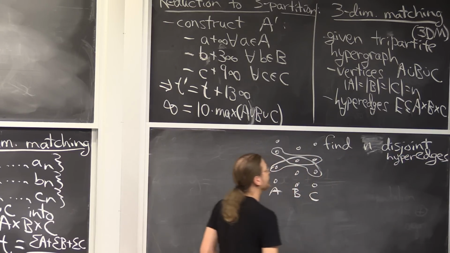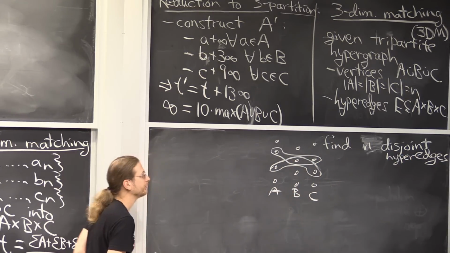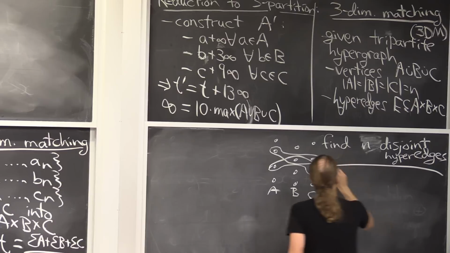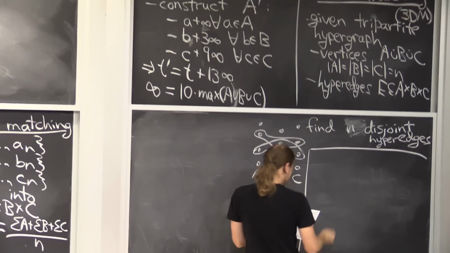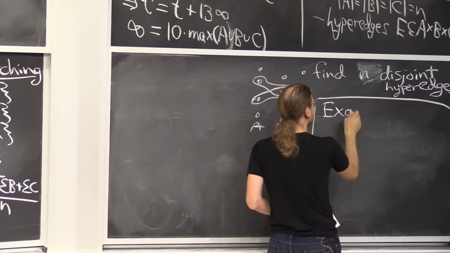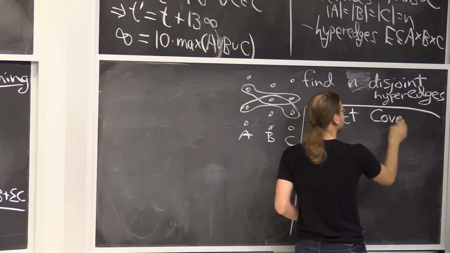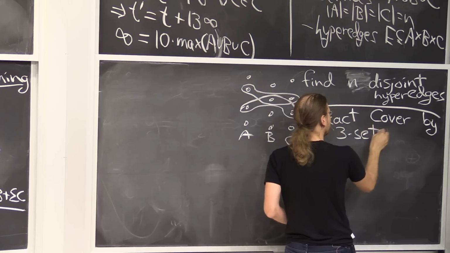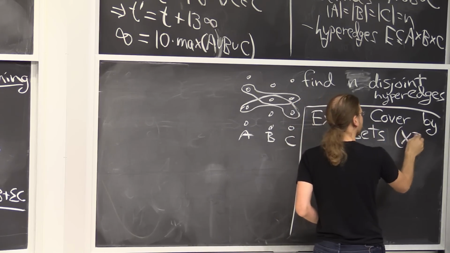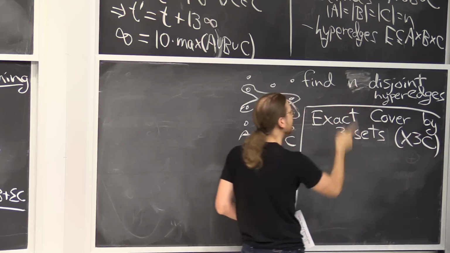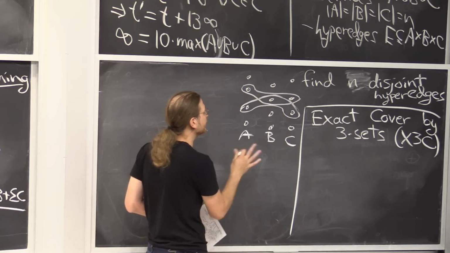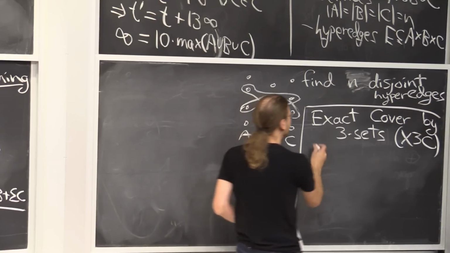Okay, so this is the three-dimensional version of bipartite matching, I guess. There's also a non-bipartite version for extra completeness. There's something called exact cover by 3 sets, 3 meaning the cardinality. This is called X3C. You do see 3DM and X3C frequently in the literature, and especially in Garey and Johnson. So they're good problems to know about.